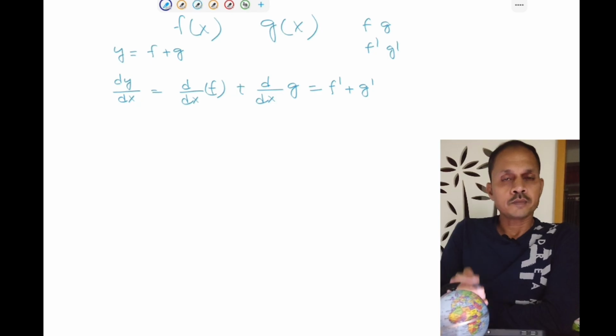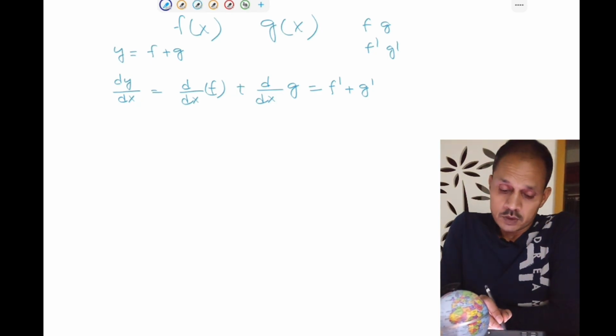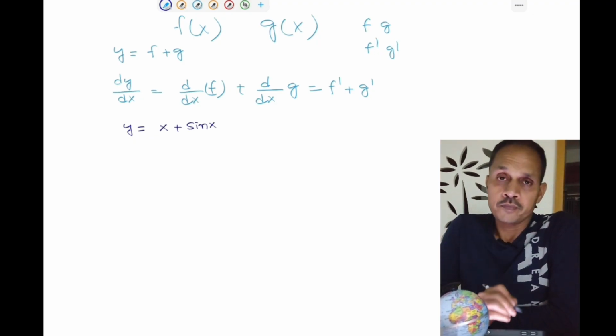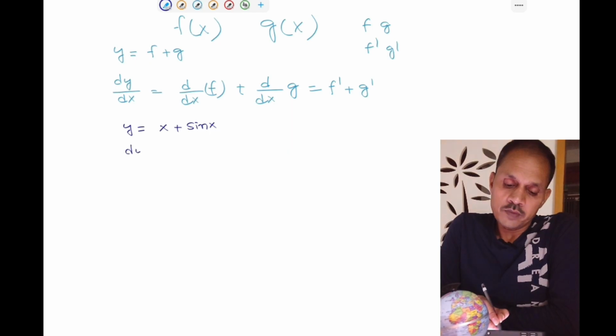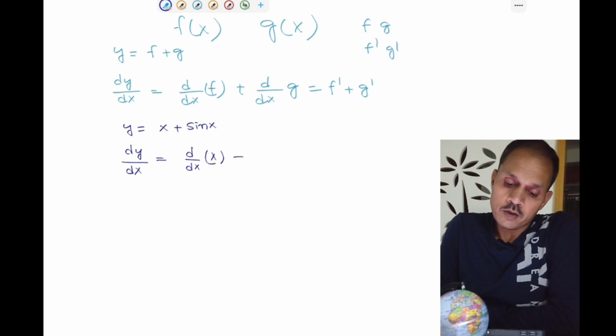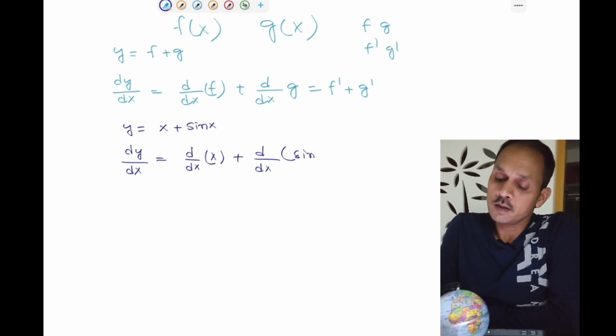Want an example? Let us see. Suppose y is equal to x plus sin x. Then dy by dx is d by dx of x plus d by dx of sin x.